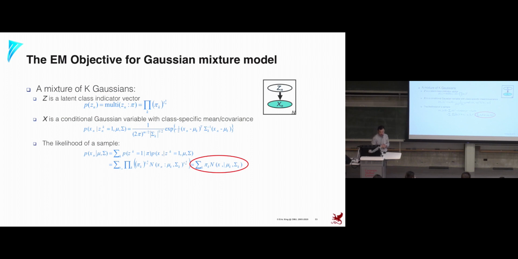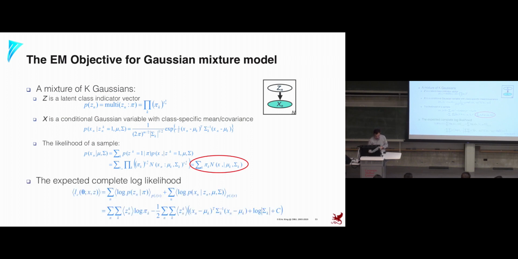What is the EM objective? I can tell you that because we knew this term is very difficult to compute because of this coupling of all the parameters in the summation. What we actually did for the previous algorithm is to optimize something called an expected complete likelihood.